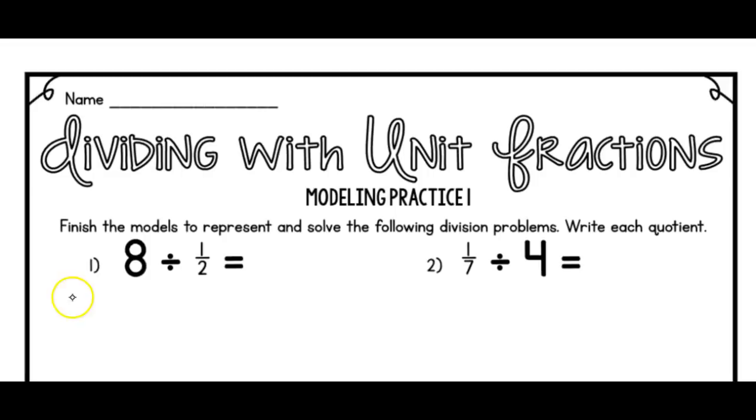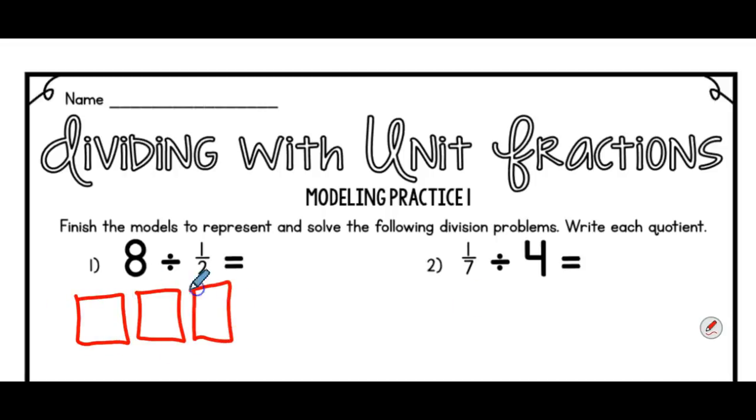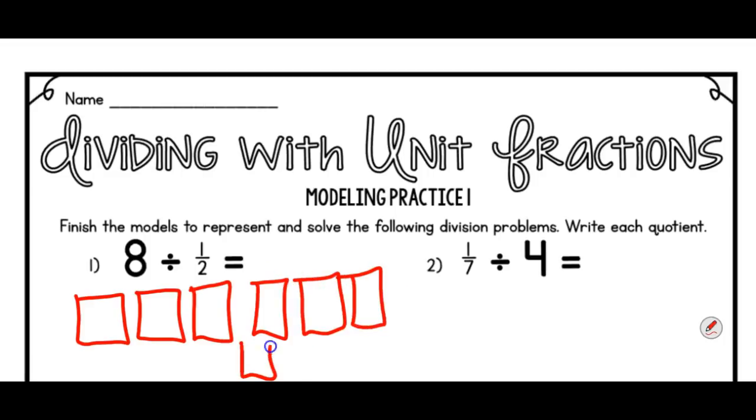So 8 divided in half. So what you're going to do is draw 8 things. So 1, 2, 3, 4, 5, 6, 7, 8. And you're going to cut them in half. 1, 2, 3, 4, 5, 6, 7, 8. And you're going to solve. And you're like, oh, if I have 8 things and I cut it in half, I end up with 16.